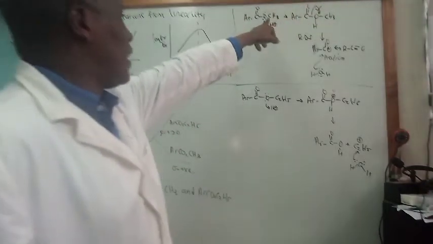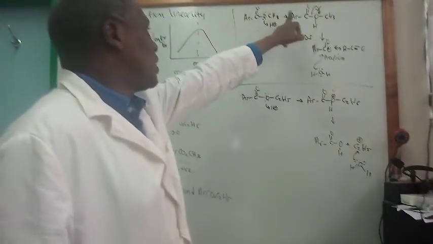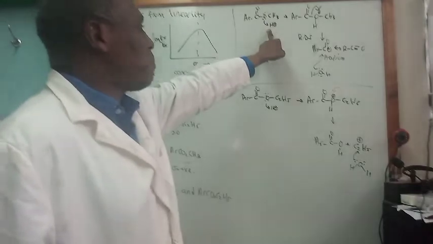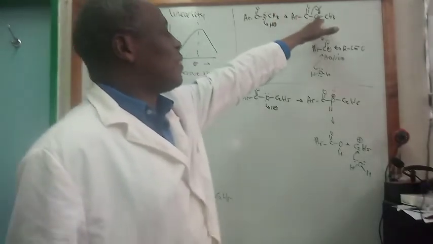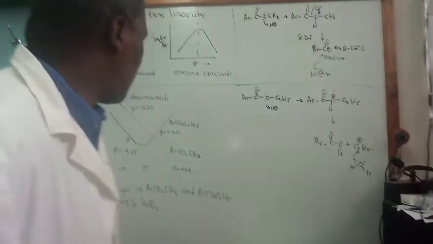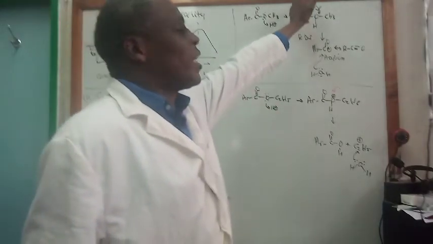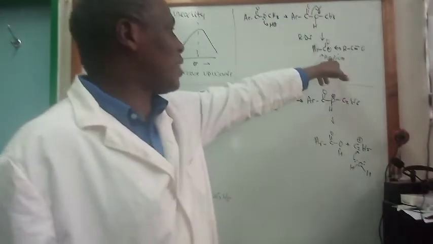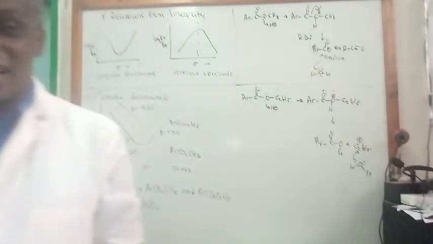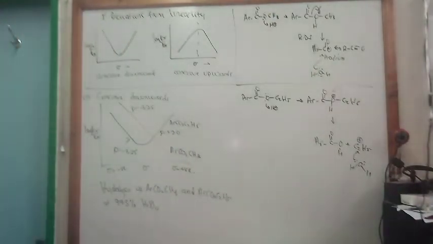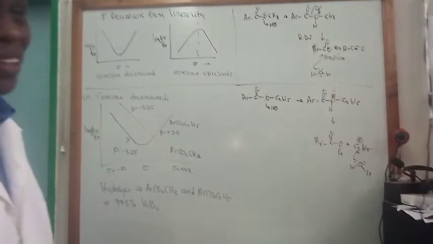It means if you've got CH2CH3, this is the first step. So the electrons are going away from the reaction center, and you're forming the acylium ion.